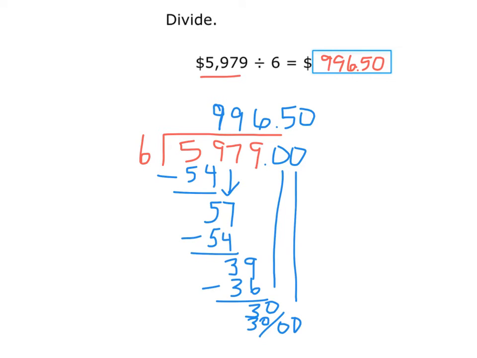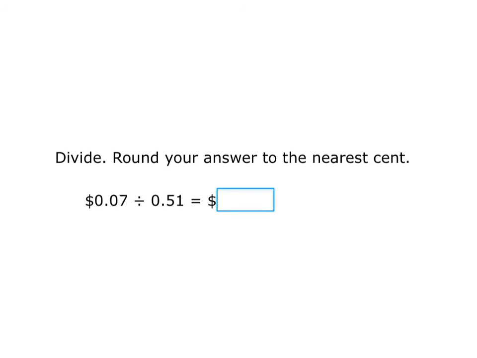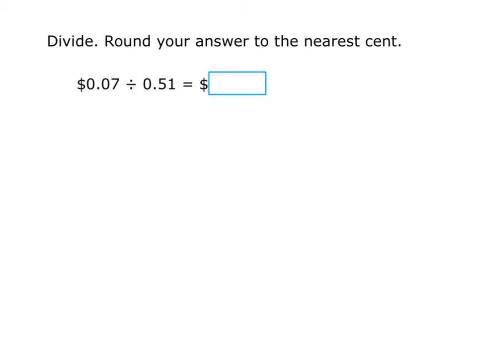Good, let's do another. All right, sometimes they give you 2 decimals, but they give you a big hint here: round your answer to the nearest cent. Okay, when you're thinking about money, which one is the nearest cent?